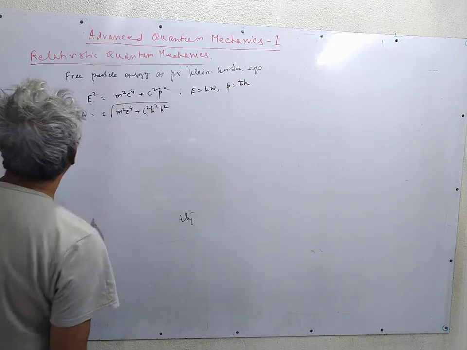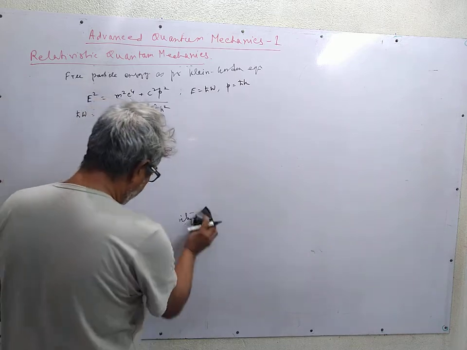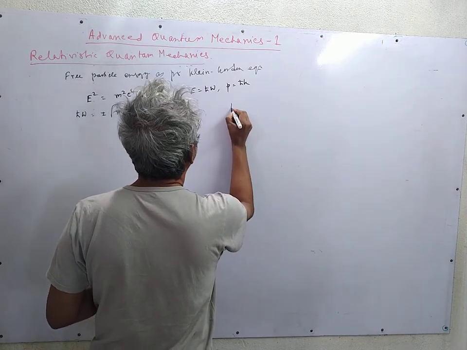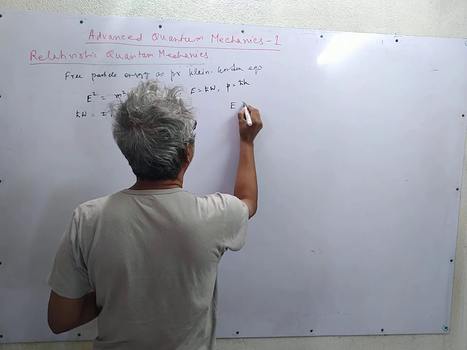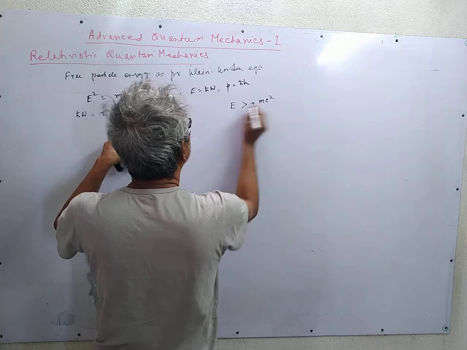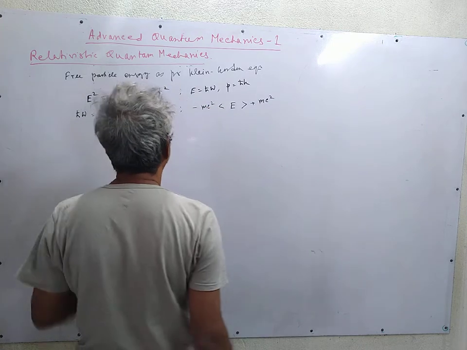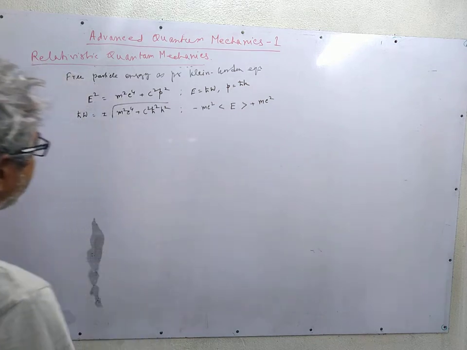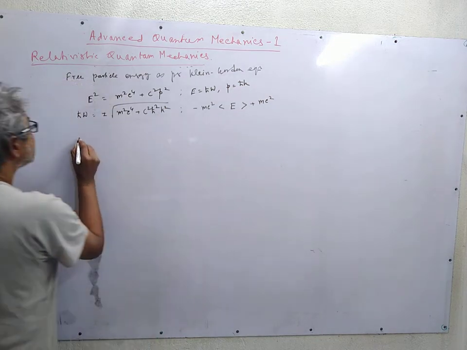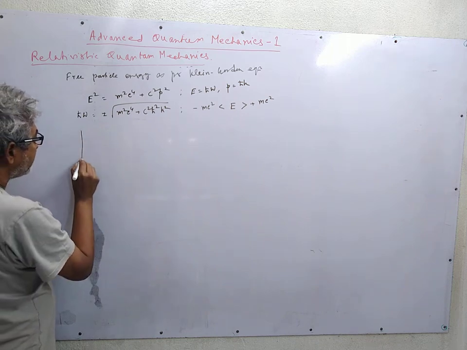So the free particle energy E is either greater than plus mc square or less than minus mc square. And this negative energy increases with increasing k. So to say, the energy spectrum would be like this.